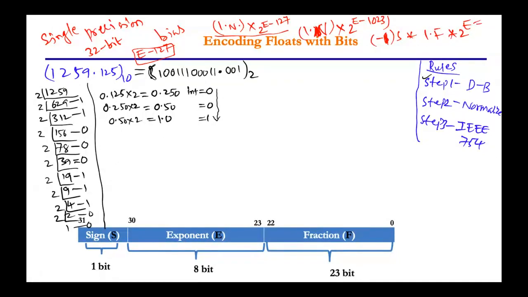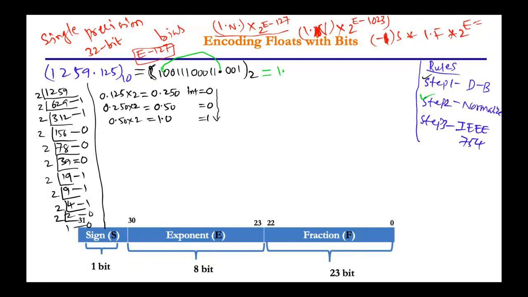In the second step, we need to normalize this number. Normalizing means the dot should be shifted to a position where it has only one digit on the left side of the dot and the remaining digits on the fractional side. That is normalization. When the dot is shifted here, it gives 1 dot.